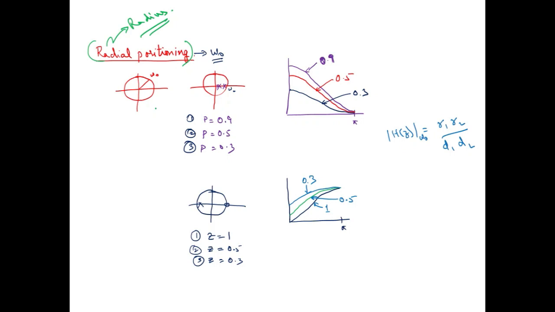Okay, now in the Z plane, we are looking into the resonating frequency at a particular radius.